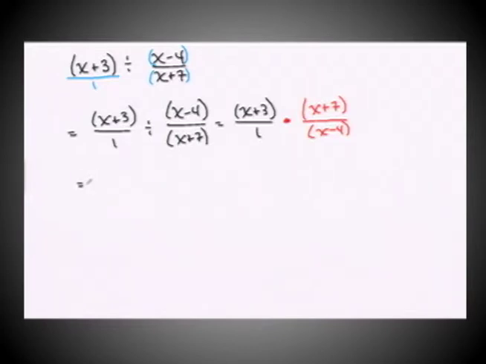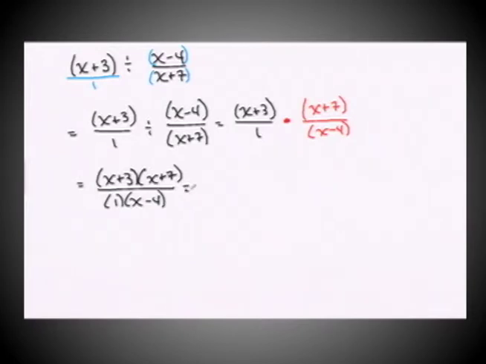And now we're back to our rules of just multiplying fractions, which is you just multiply straight across. So we're going to multiply our numerators and multiply our denominators.